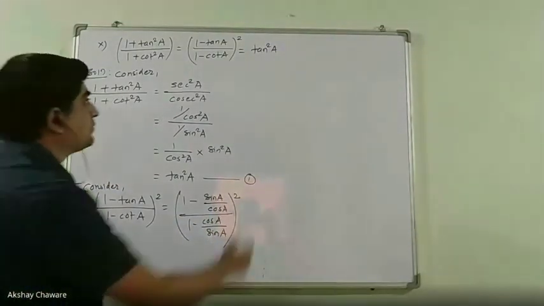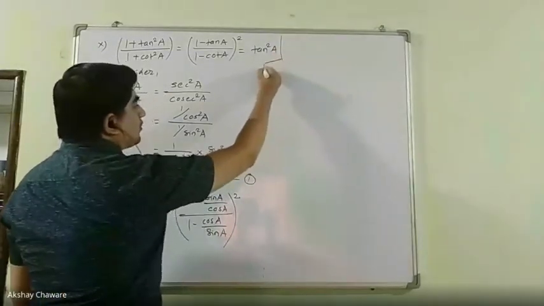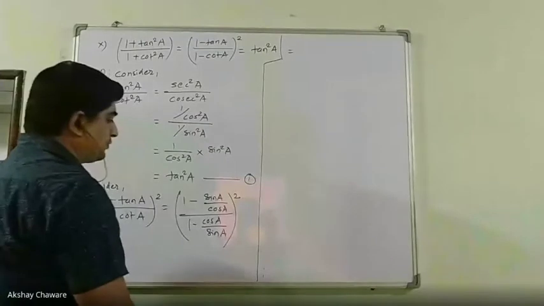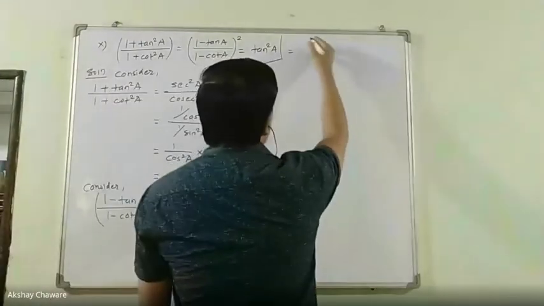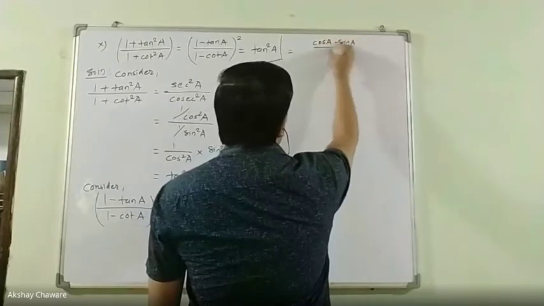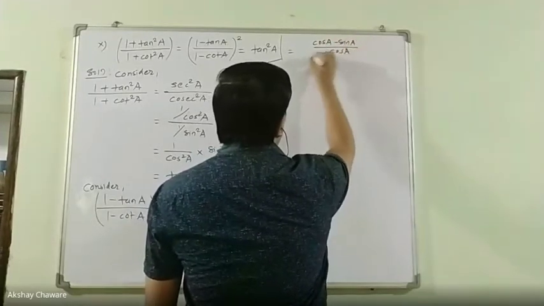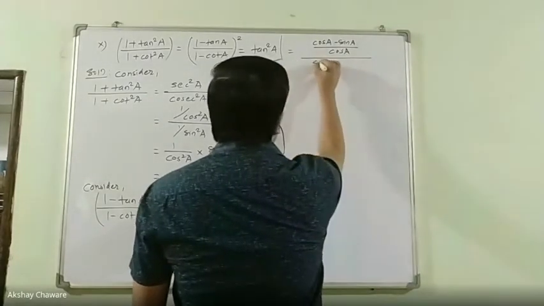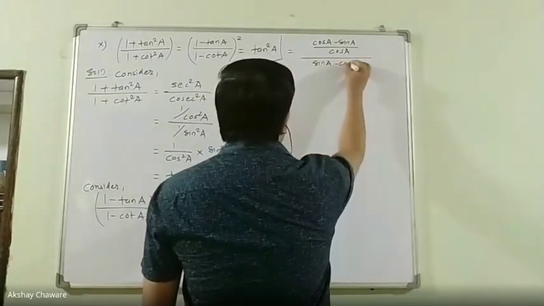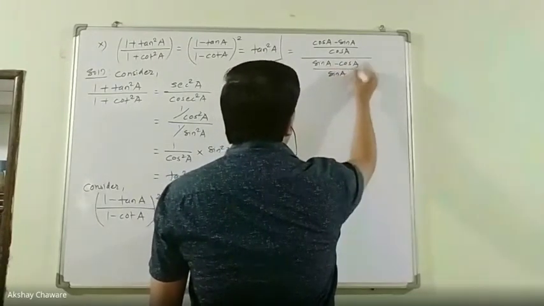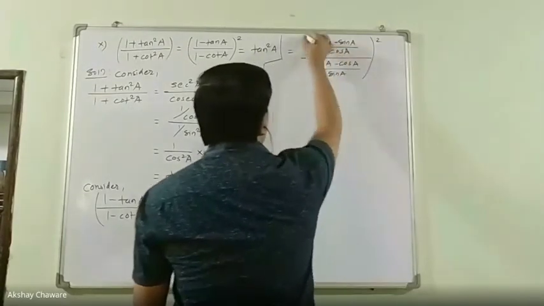Okay. Now the next step: let's solve this numerator. It will be cos A minus sine A upon cos A, completely divided by the denominator, which is sine A minus cos A upon sine A, and this complete whole square.